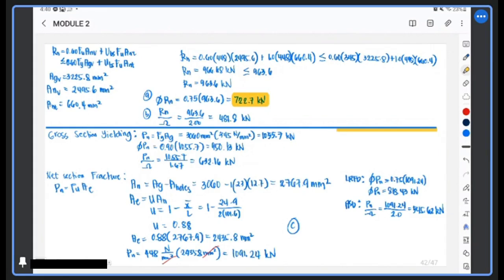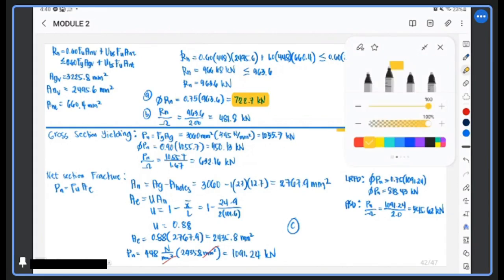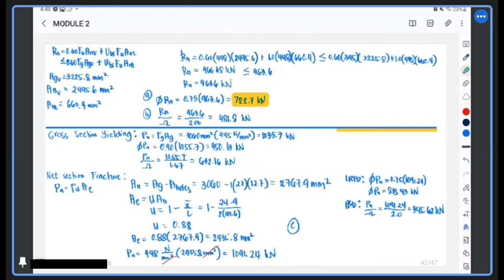Where are the other two? For gross section yielding, it is 950.13. Net section rupture, it is 818.43. And for block shear strength, it is 722.7.